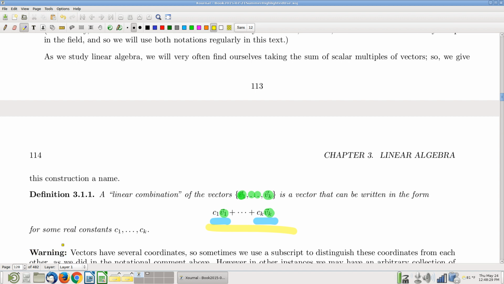So it's a sum of scalar multiples of the original list of vectors. You give me a list of vectors, a linear combination is any expression of this form. You can see why we call it a combination, because you're taking these vectors and combining them in this linear way. The term is pretty natural.